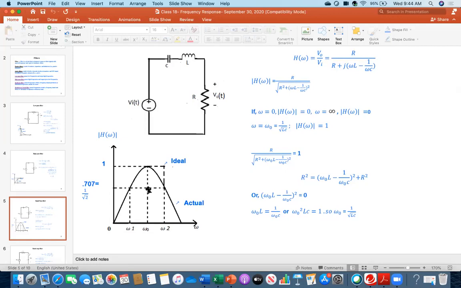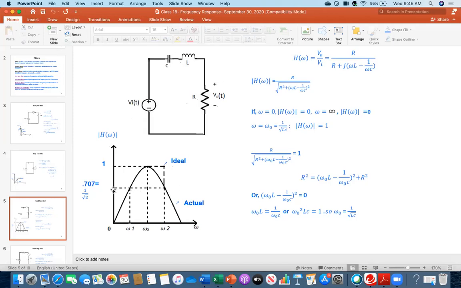At that time, if you calculate the power for this circuit at this point and this point, you will get exactly half the power. For example, at omega naught, if the power is 100 watt, just an example, at this point and this point you will get 50 watt, half of the power.